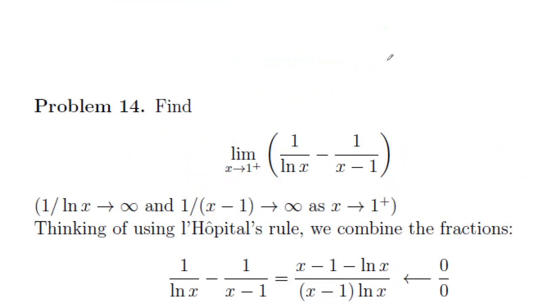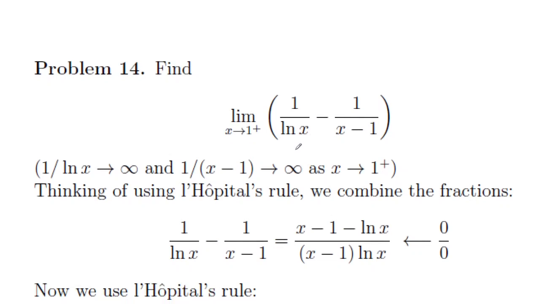In problem 14, we are taking the limit of a difference of fractions as x goes to 1 from the right-hand side, so that ln of x and 1 over x minus 1 are both positive and well-defined.